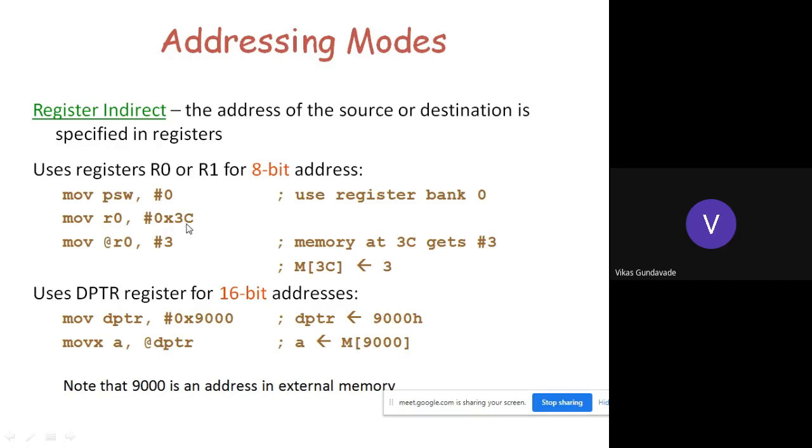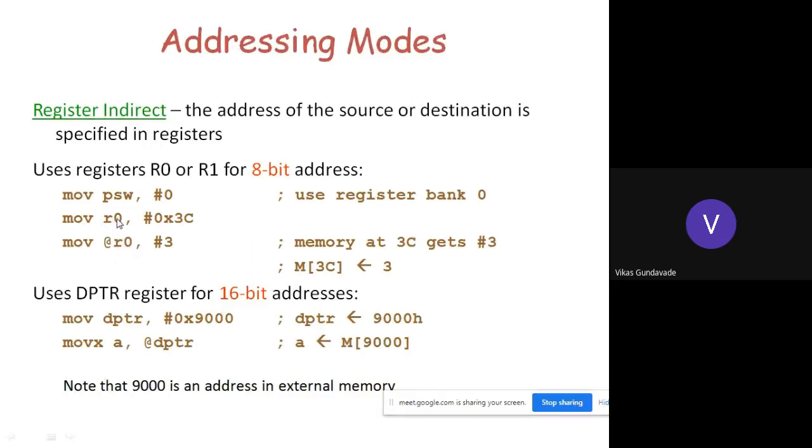So what happens here? The 3Ch, the hex value, is provided into R0, and when that R0 is written with the @ symbol, what does it mean? That R0 will work as the pointer.